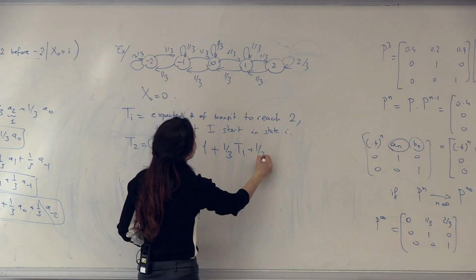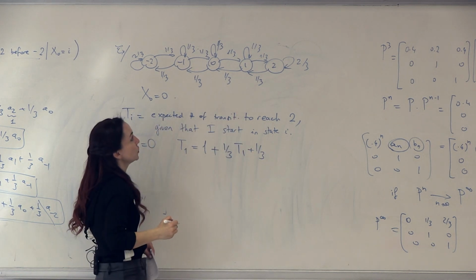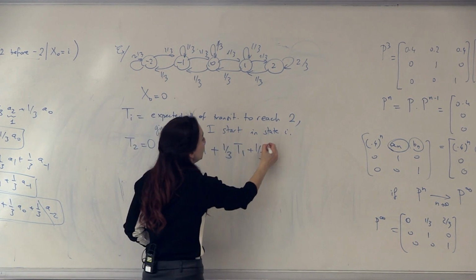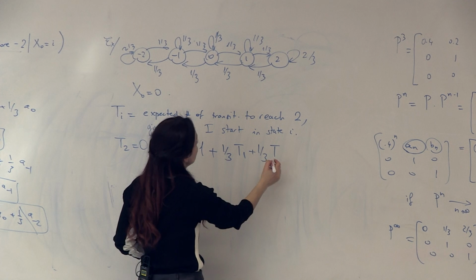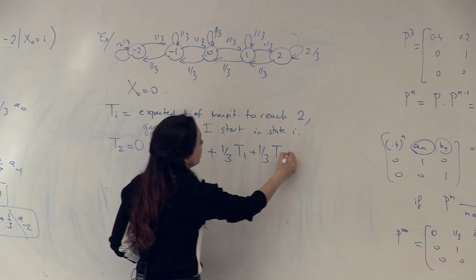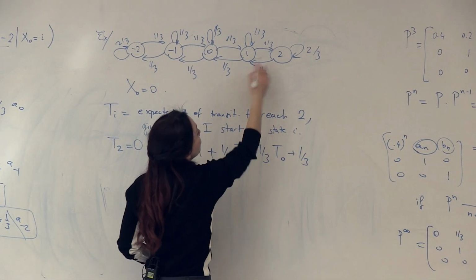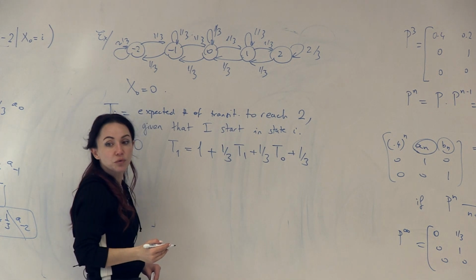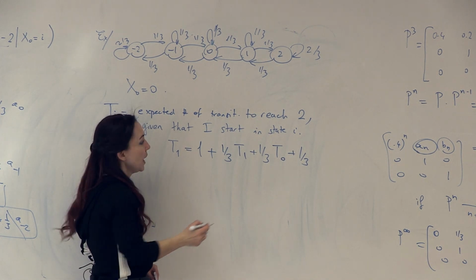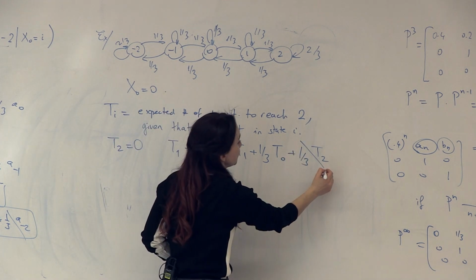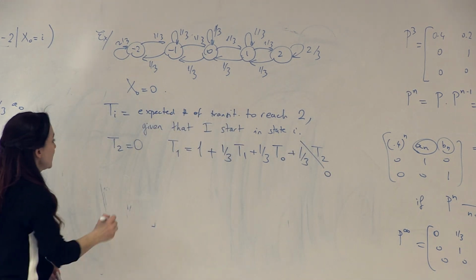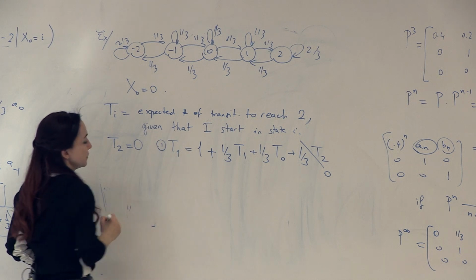With probability 1/3, you make a transition into 0, so the remaining expected number of transitions to hit 2 is T0. With probability 1/3, you go to 2 directly, and that is T2, but that's 0. So that's equation number 1.